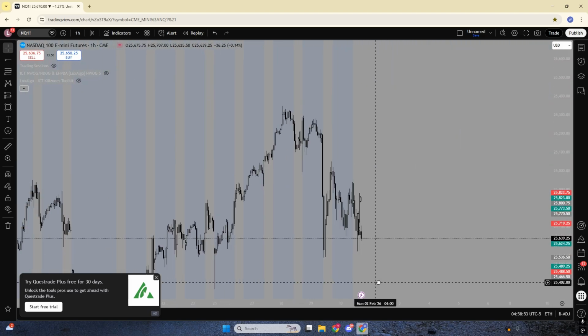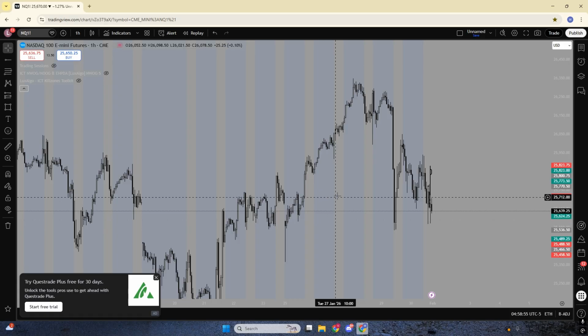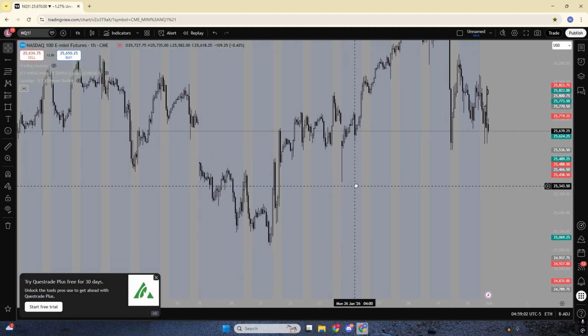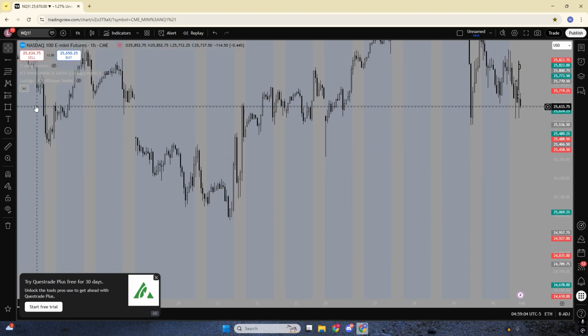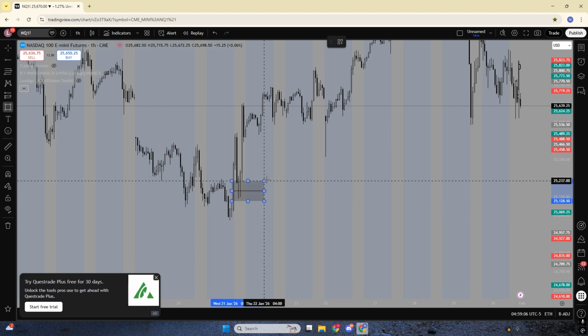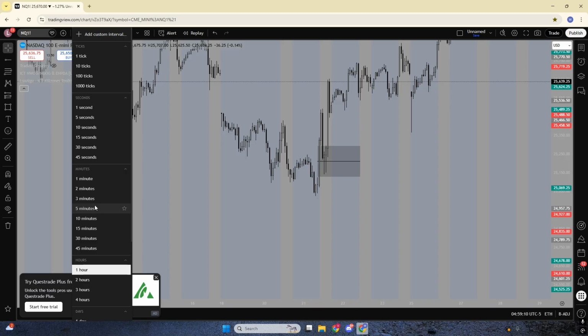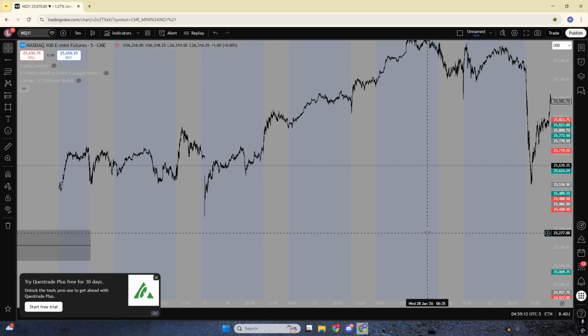Let's go more recent. All right. Another example. Fair value gap. Scale down. 5 minute.